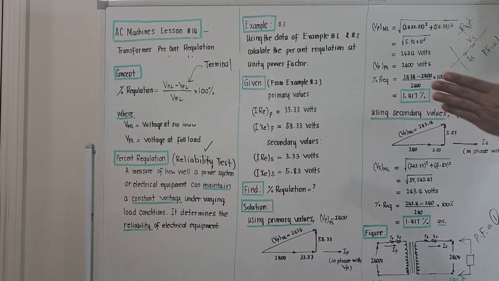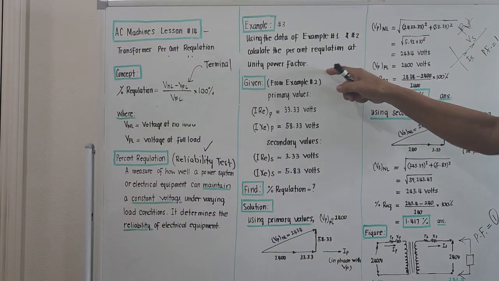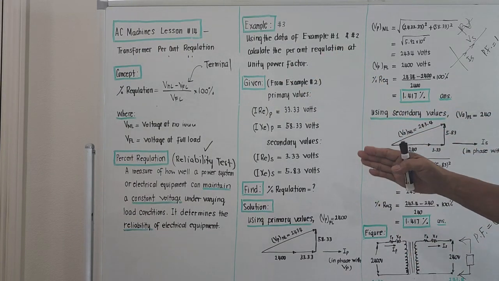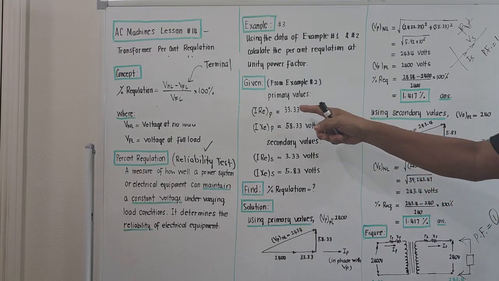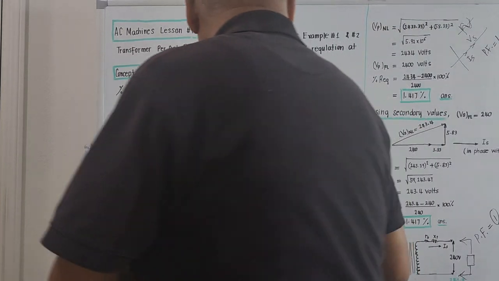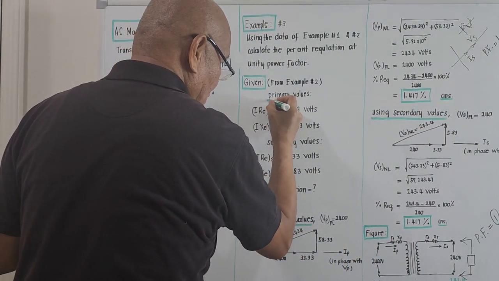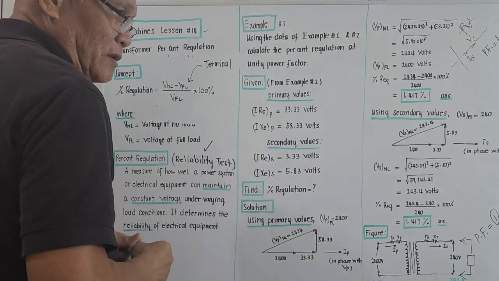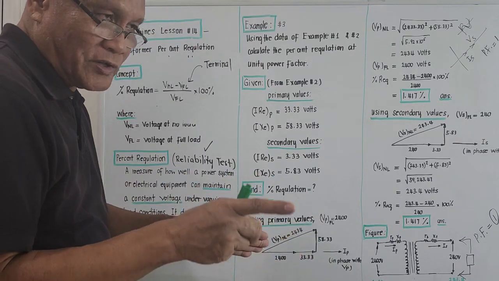Okay, let's bring out what is given. From example number 2, because we have to compute for the percent regulation, we need the vector diagram for the voltages. So using primary values, I forgot to underline this one. Because we will be presenting 2 solutions, and these 2 solutions will bring out the same answer.